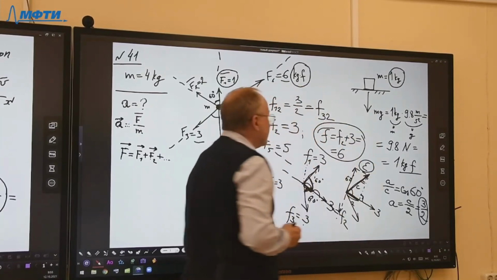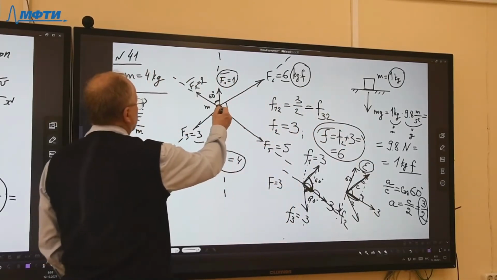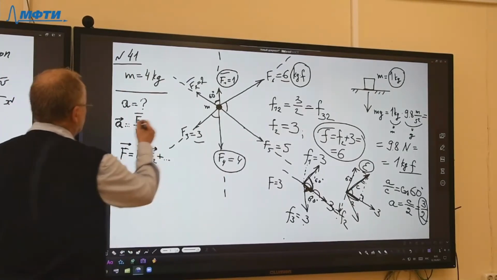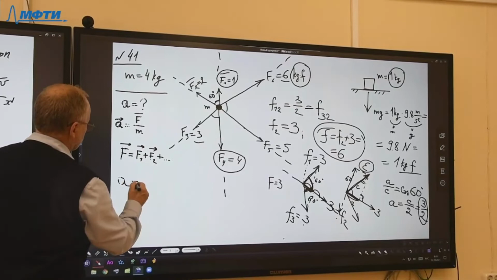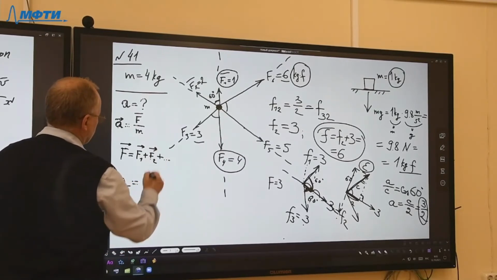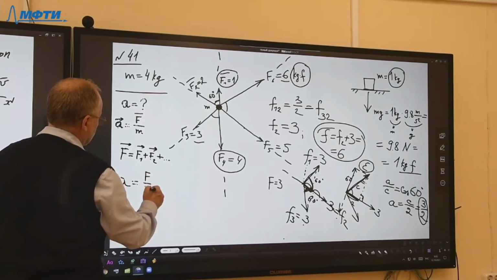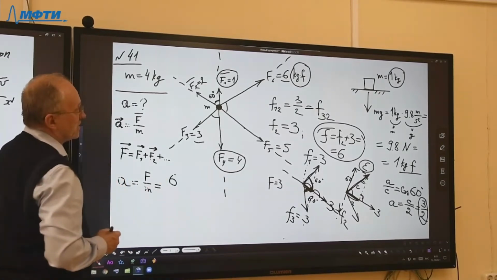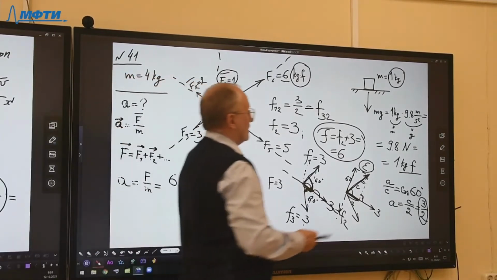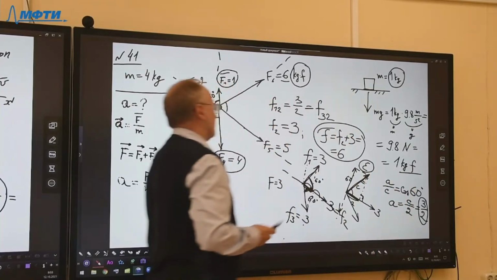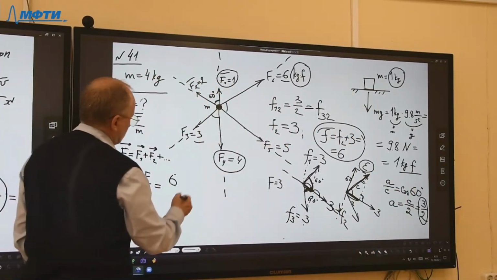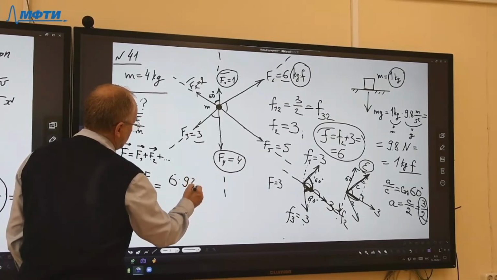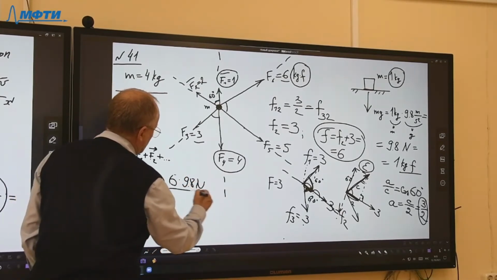That is the net force acting on the body M. And if we know the net force, then we calculate the acceleration, which will be the net force over M. The net force is found to be 6 kilogram forces, which is 6 times 9.8 newtons.